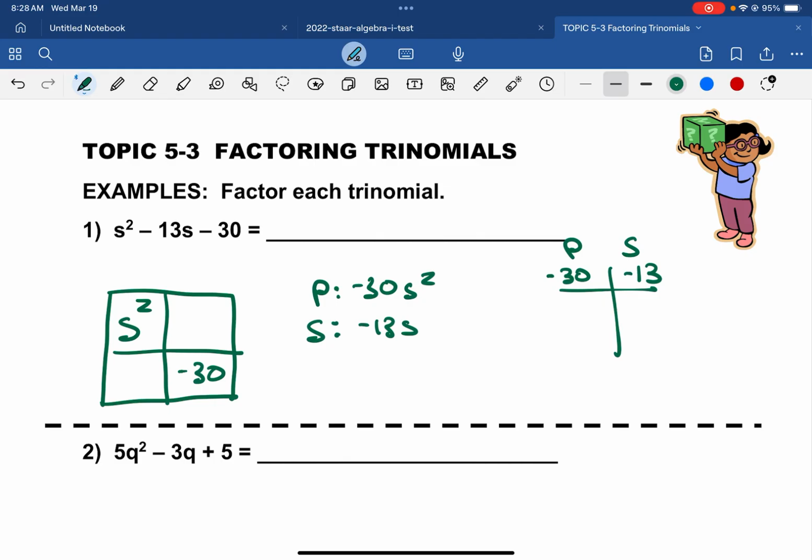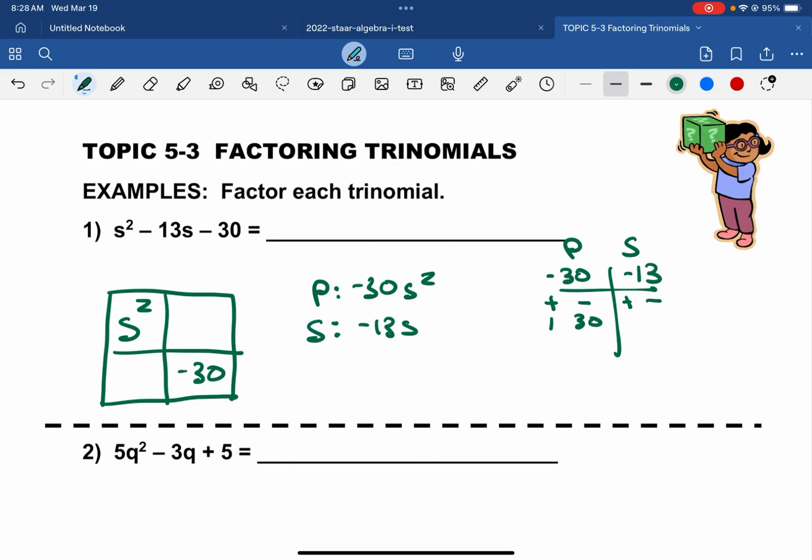Okay, so let's think about first the signs. In order to multiply to give me a negative, one's got to be negative, one's got to be positive. In order to add to be a negative, one's got to be negative, one's got to be positive, and the larger one has to be negative. So I typically go small to large, so 1 and 30.